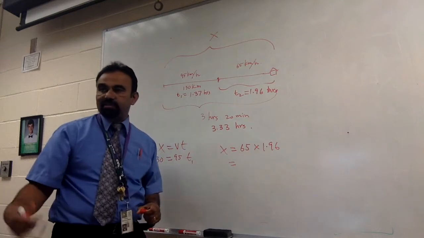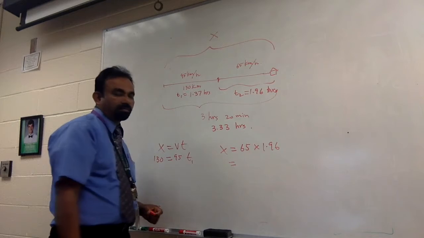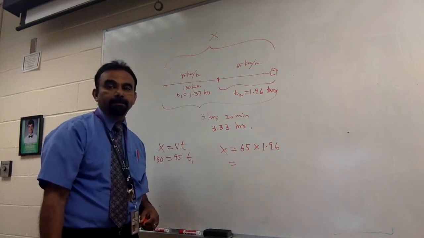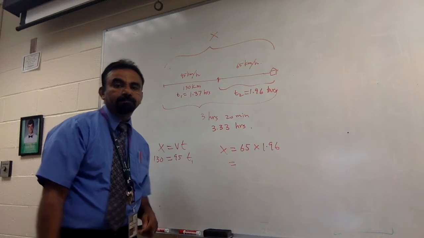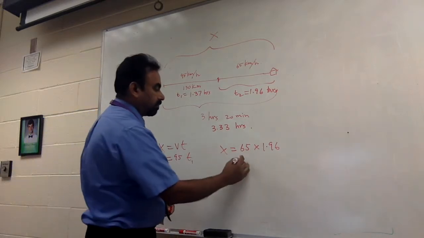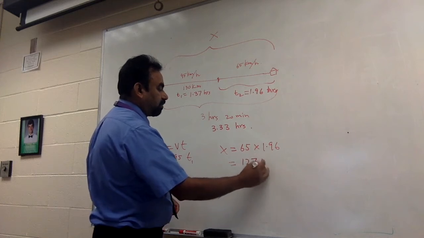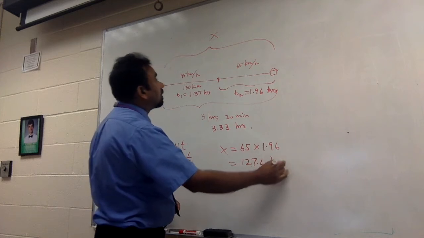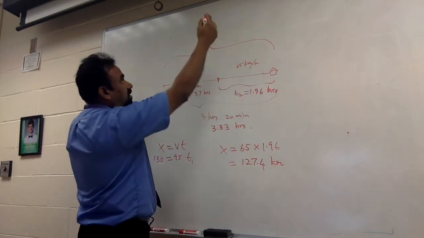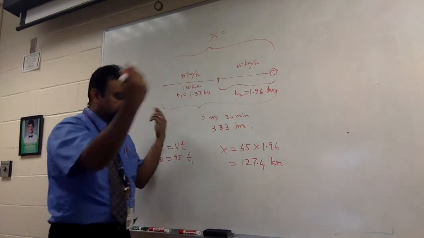Everyone should be working at this time. How much? 127.4 kilometers. So we know that this is 130 and this is 127.4. What is this thing? Just add them up.